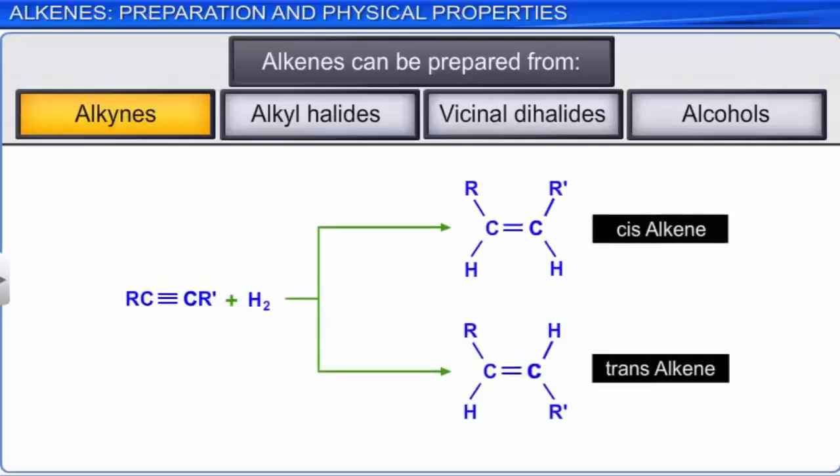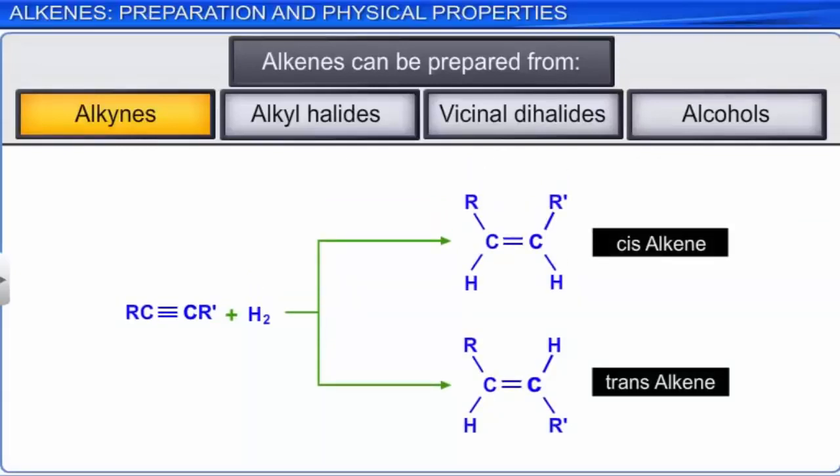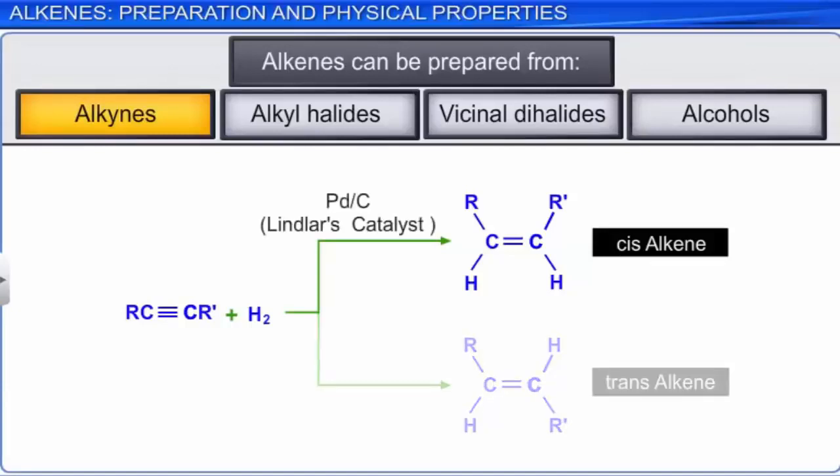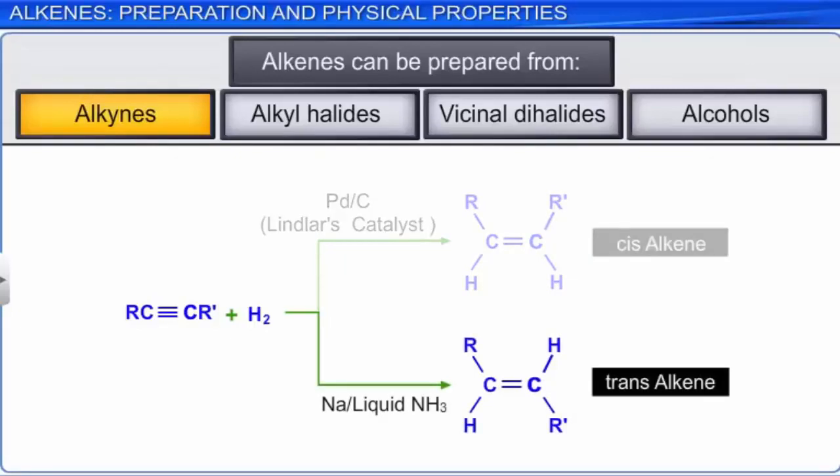Lower alkynes, such as ethyne and propyne, and higher terminal alkynes do not yield cis-trans isomers upon hydrogenation. When the catalyst used is Lindlar's catalyst, the alkene obtained shows cis geometry. When the catalyst used is sodium in liquid ammonia, the alkene obtained shows trans geometry.